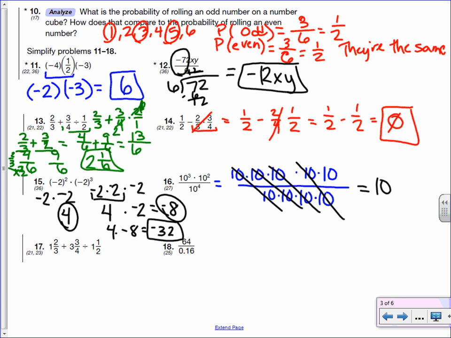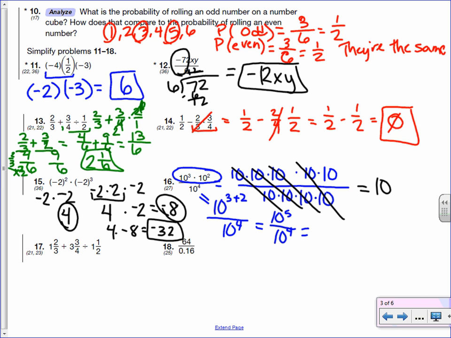Another way to do that is to use the rules of exponents. So when I'm multiplying things of the same base with exponents, I add them. So this is 10 to the 3 plus 2. So it's 10 to the 5th over 10 to the 4th.